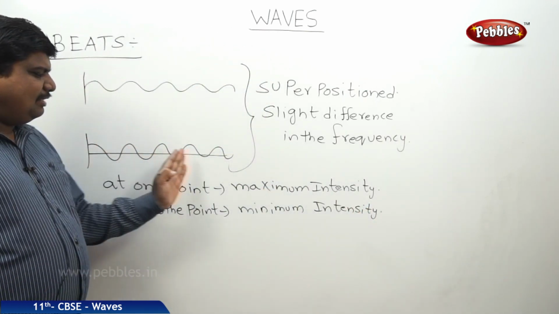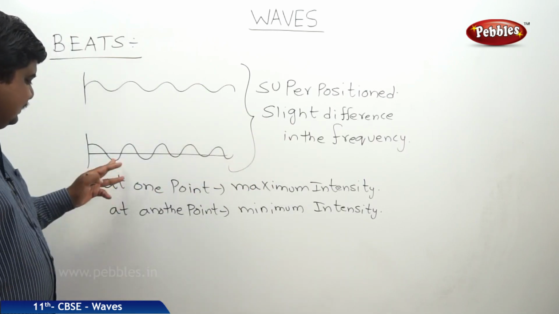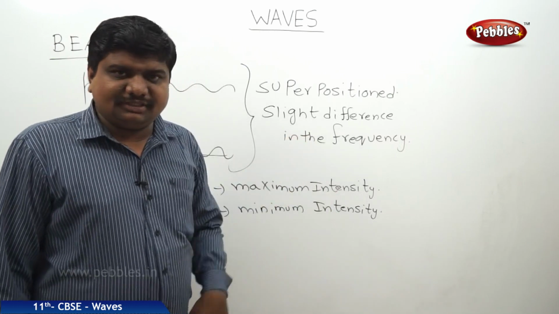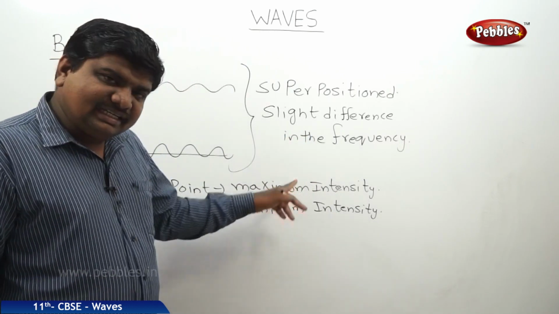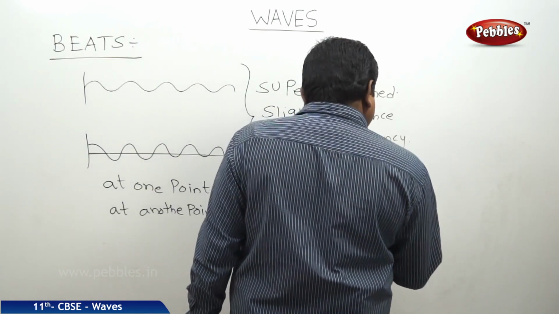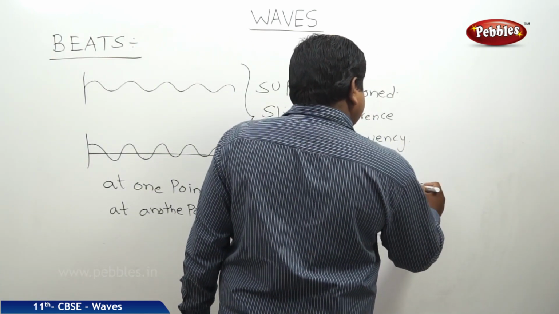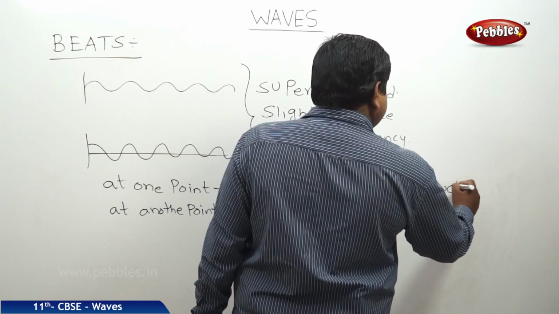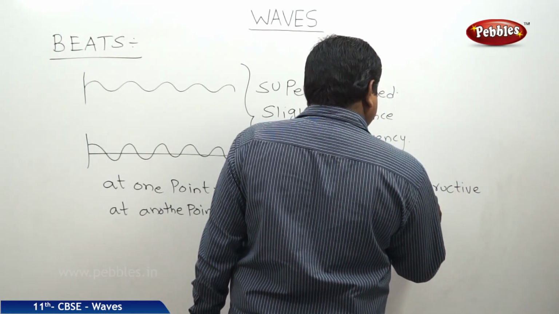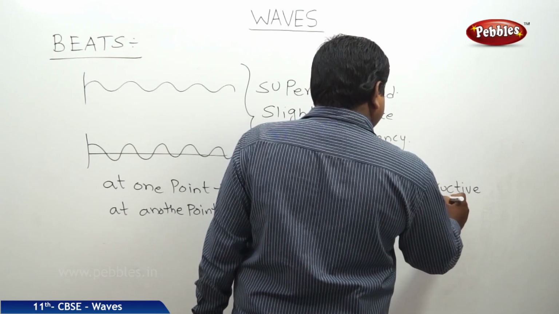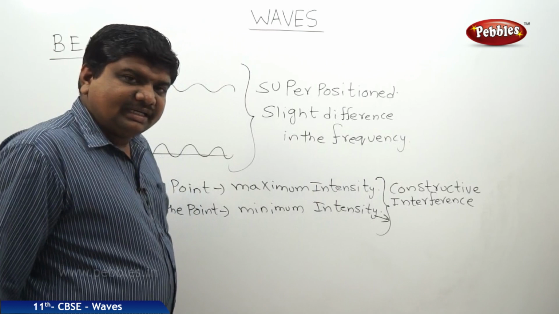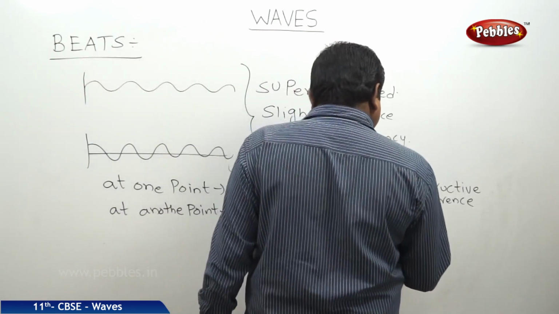So along the same direction of propagation, there are periodic variations in the intensity of the sound. This periodic change in the intensities is due to interference. It is constructive interference for maximum intensity, and for minimum intensity, destructive interference.